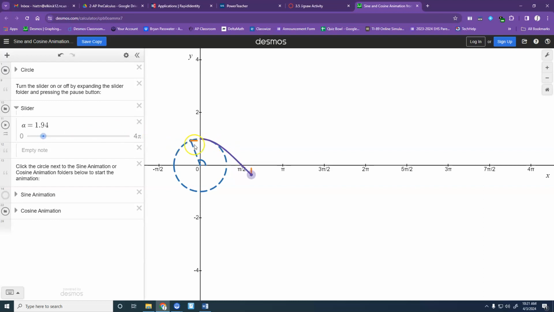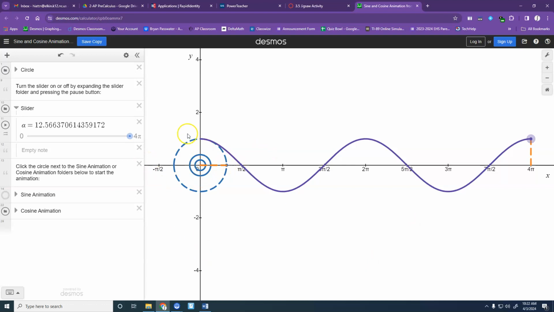It's our distance from the y-axis. It's going to hit 0 right there. Then over here, it's going to be the furthest from the y-axis that it's going to be. And then it goes back. It hits 0 because it's on the y-axis. Then it goes up. As we continue to spin around the circle, that same pattern is going to happen over and over again.